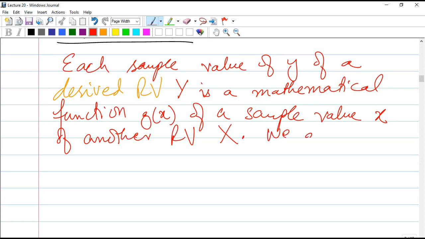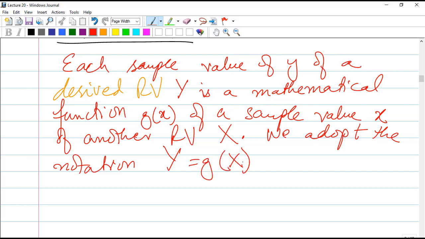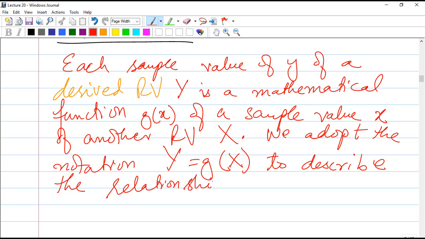We adopt the notation y is equal to g of x to describe the relationship of the two random variables.